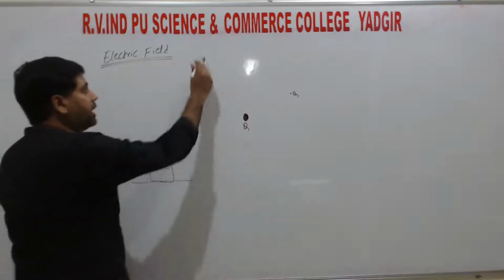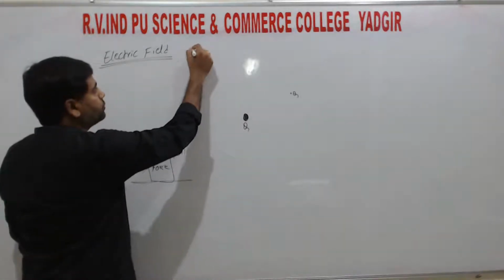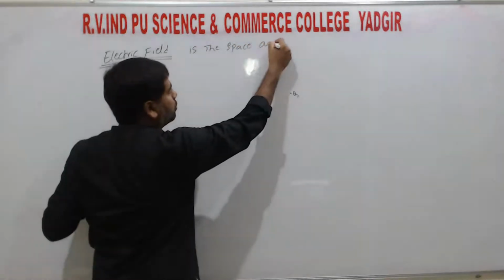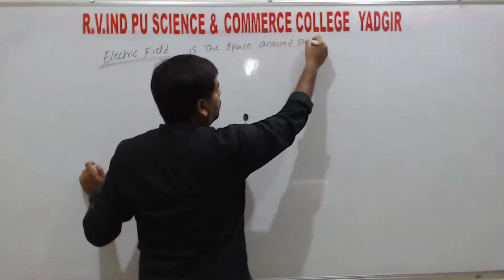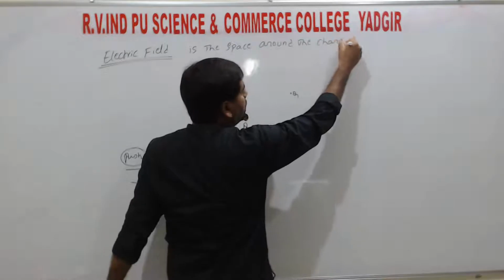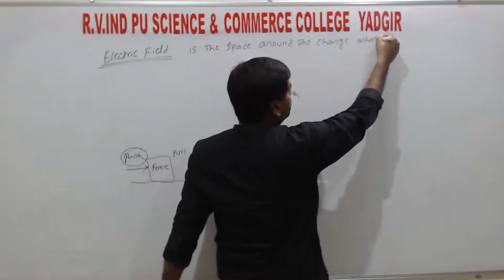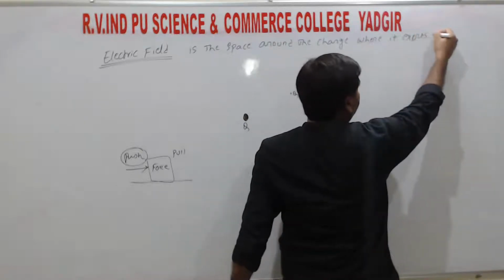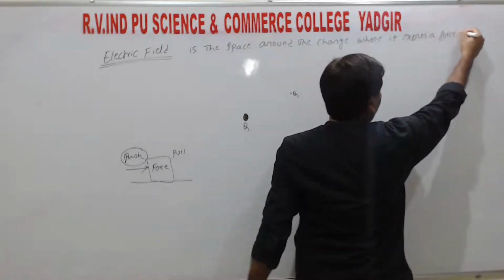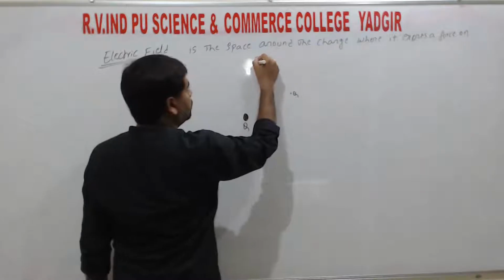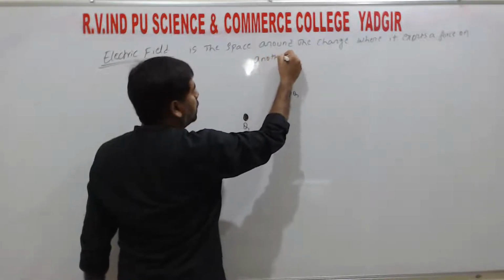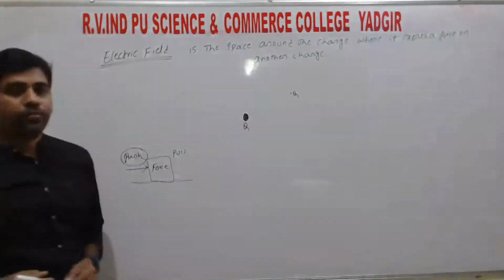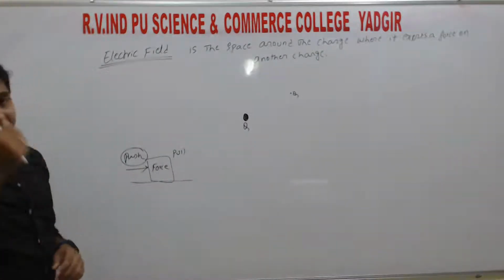The electric field is the space around the charge where it exerts a force on another charge.